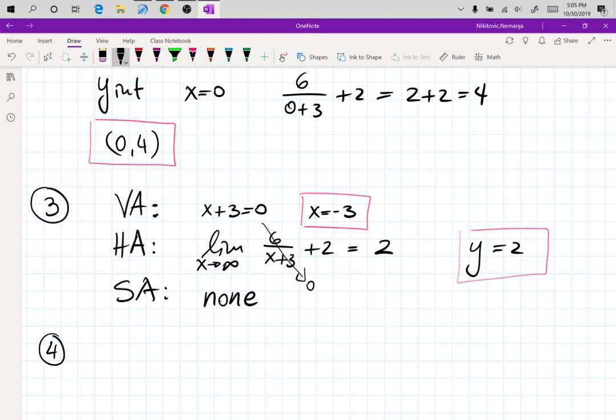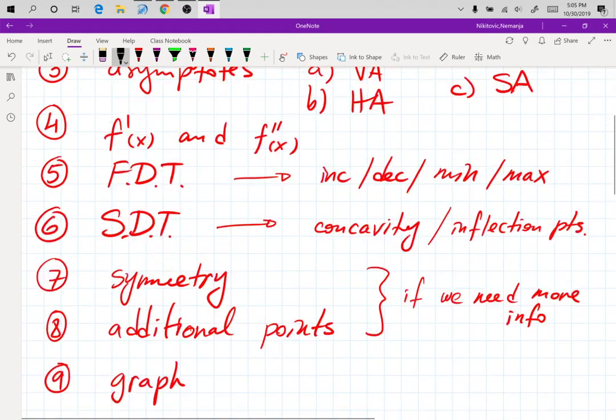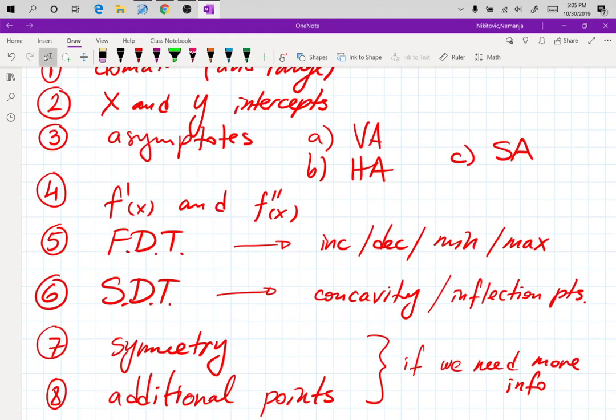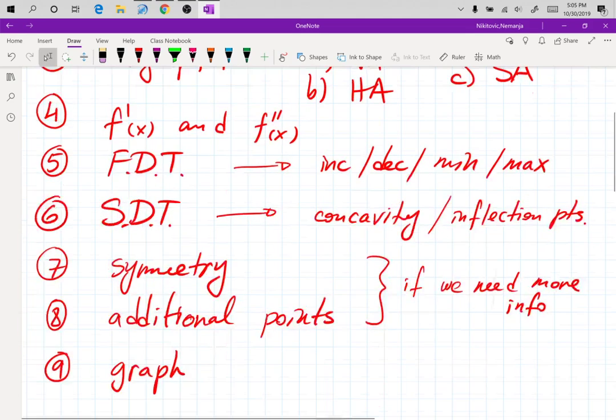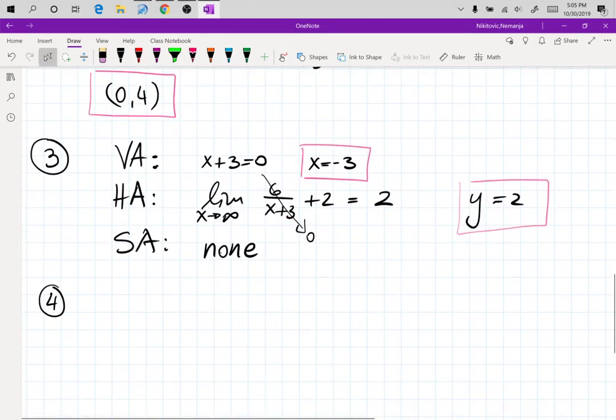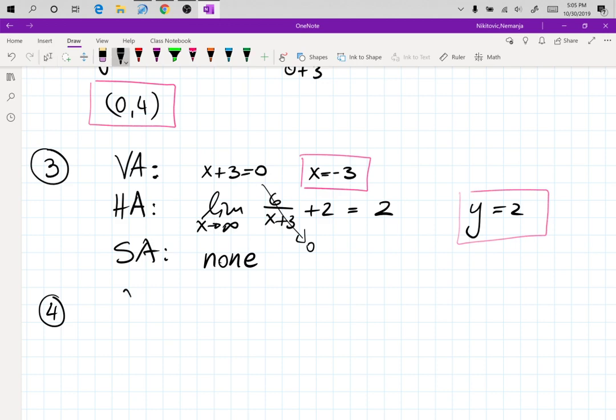Number 4 on the list after asymptotes was for us to find the first and second derivative, and those are just straight up calculations from your chapter 3. So we find the first derivative, and we are going to use that for the first derivative test in the next bullet point. But now we're just going to look for the derivative. So what is my first derivative?